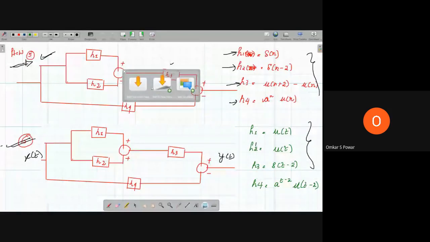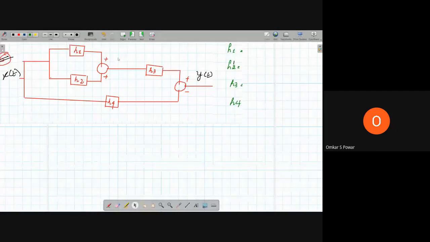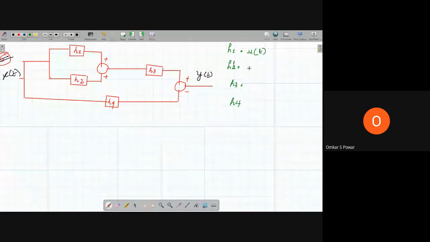So they have given the same block diagram. What is H1 they have given? H1 they have given as u(t), and H2 also they have given as u(t).